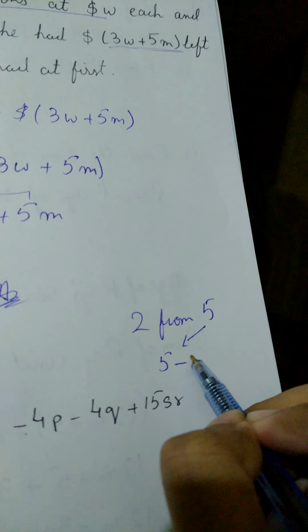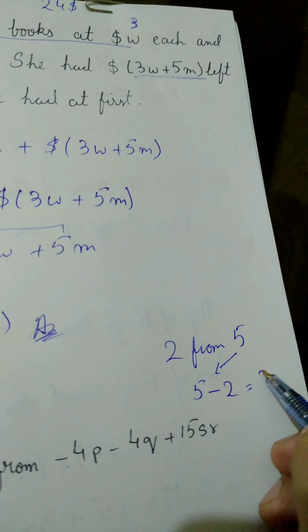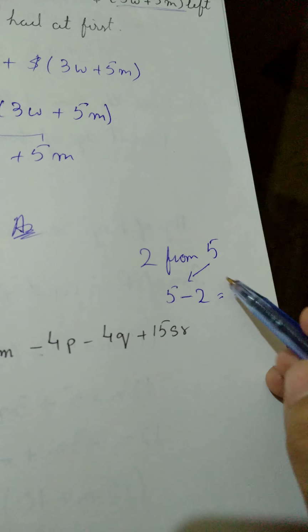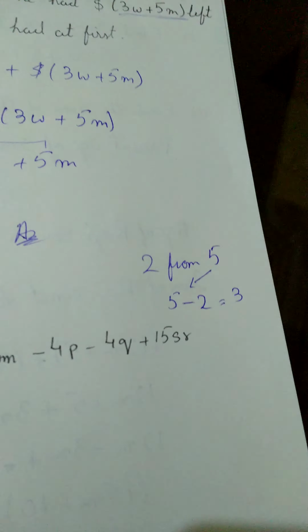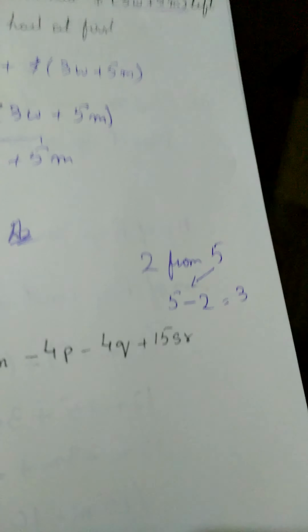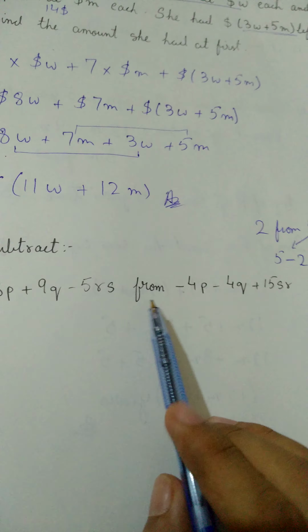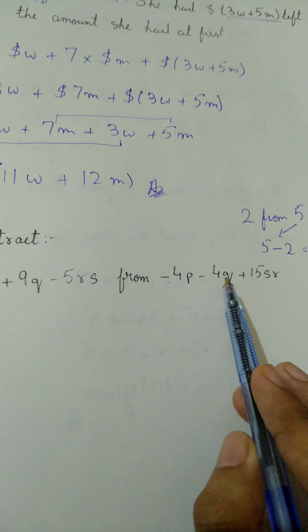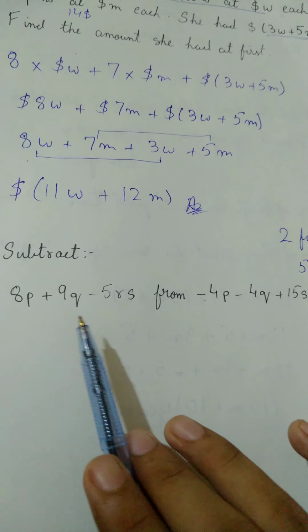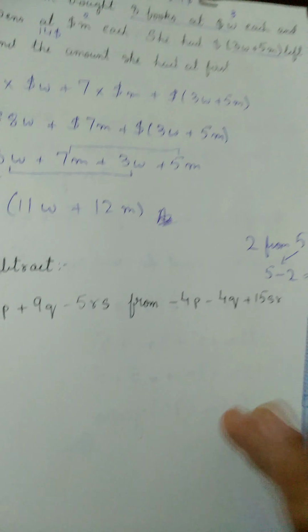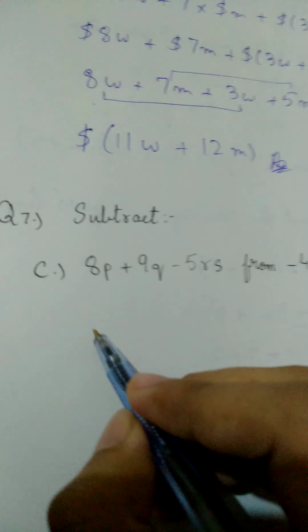So 5 minus 2, my answer would be 3. So you know that the value which is written after "from" is written first. Here the same logic will apply. After "from", this value is written, so this value will come first, and then we will subtract this value from this value.